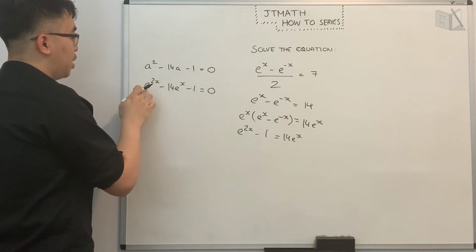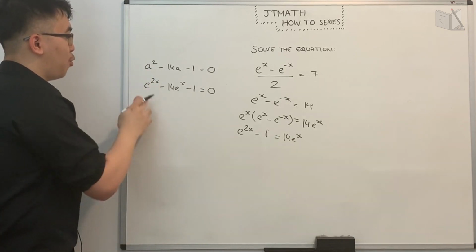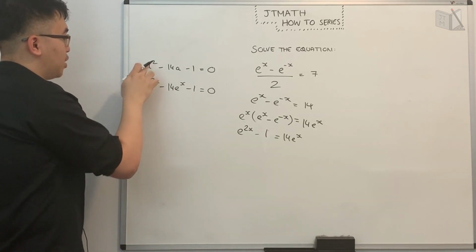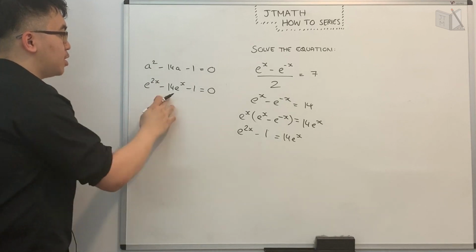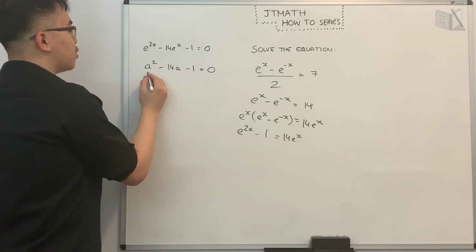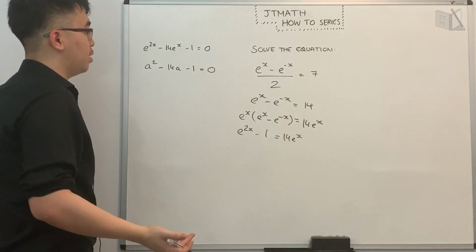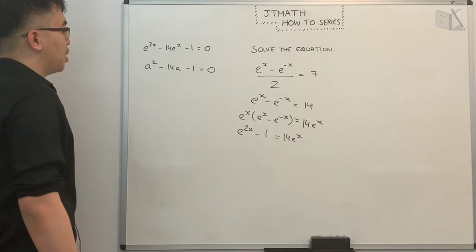But we've substituted the e^x as a, so therefore the e^(2x) would become a², and 14e^x would become 14a. And now to solve this quadratic equation, I've got a few different ways. I've got factoring, the quadratic formula and completing the square.